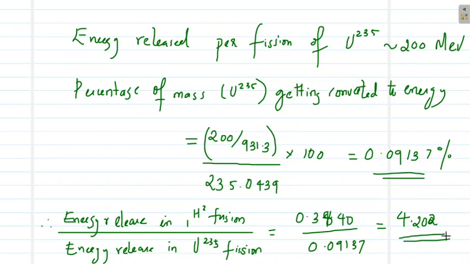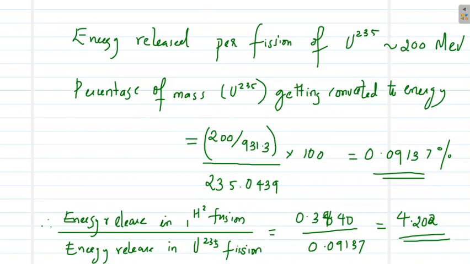So if you take the same quantity of 1H2 and make it undergo fusion, and the same quantity of uranium-235 and force it to undergo fission, we will get more energy from the fusion process. We will get as much as 4 times the energy released in fission.